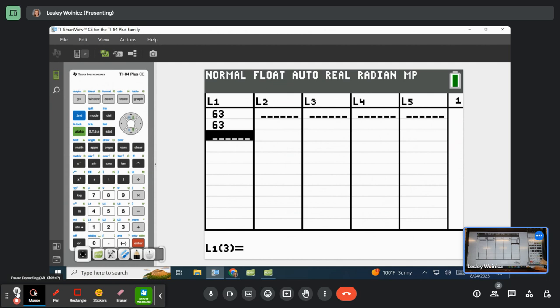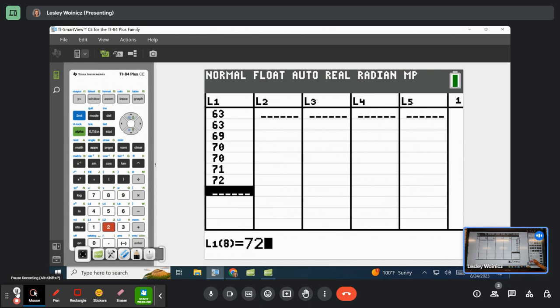Okay, then 70 goes twice. 71. 72 goes in 3 times.